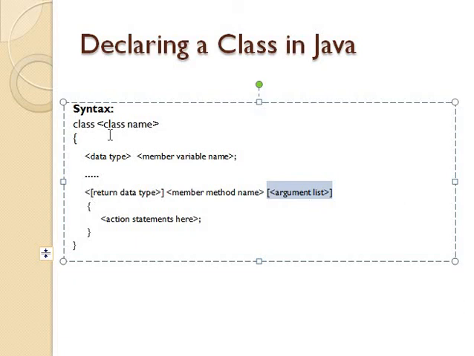But just as the class has a body which is represented by an opening curly bracket and a closing curly bracket, in the same way this method will also have a body represented by an opening curly bracket and a closing curly bracket, and inside this body there will be a set of action statements which will be executed.